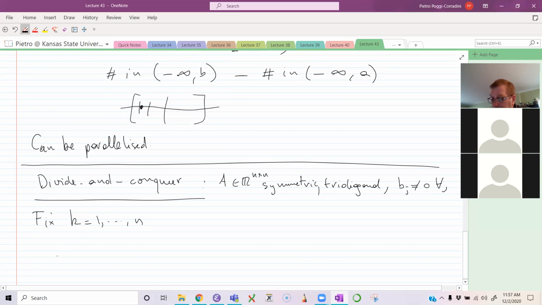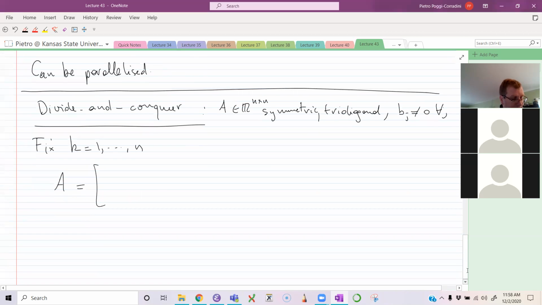You can always write A as follows. Think of A and give it a block structure. There's a block there.